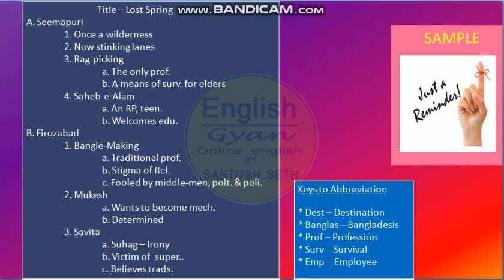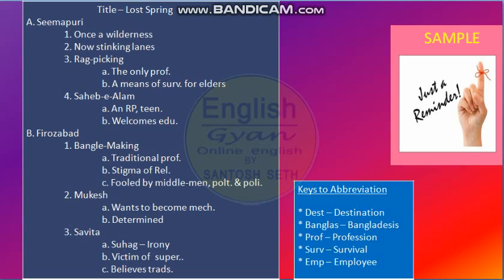One more example. This is actually based on one chapter, Lost Spring, and the whole chapter is actually in 5 to 6 pages, but here in 2 headings it is completed. One heading is Seemapuri, second heading is Firozabad. Then in Seemapuri, 1, 2, 3, these are the subheadings: once wilderness, now stinking lanes, 3 rag picking.